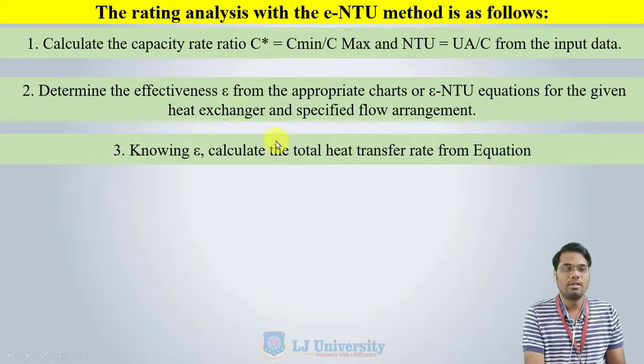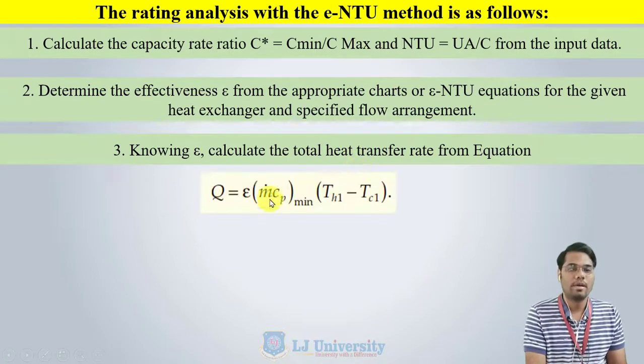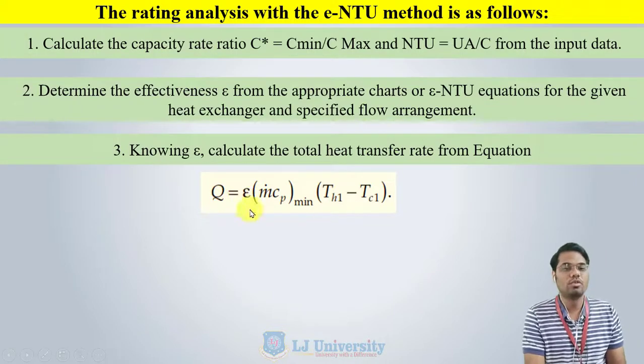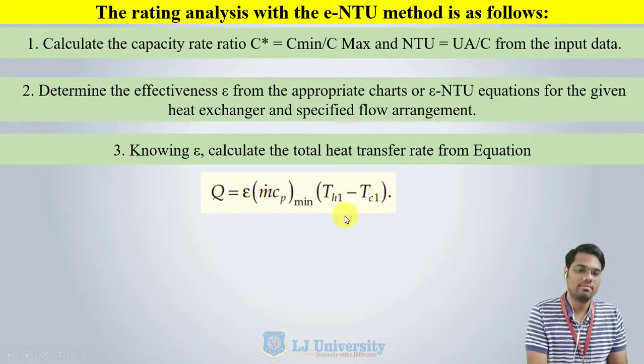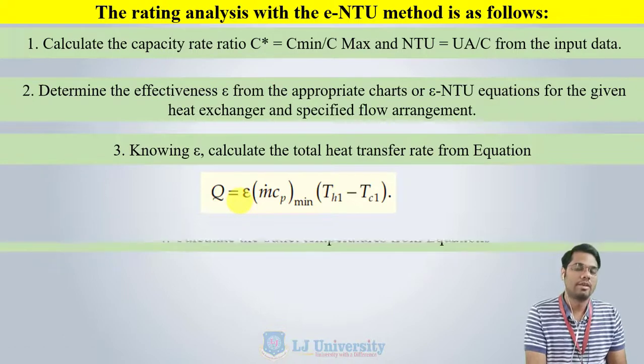The third step is to find the total heat transfer rate by using the value of effectiveness, because effectiveness is Q by Q max. So Q is equal to effectiveness into Q max. By using this value we can easily calculate the heat transfer rate.